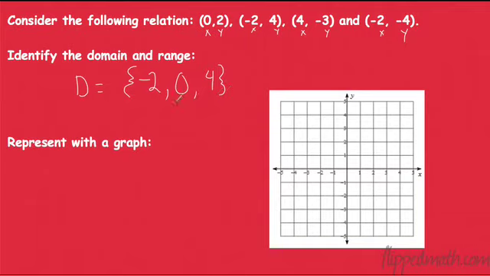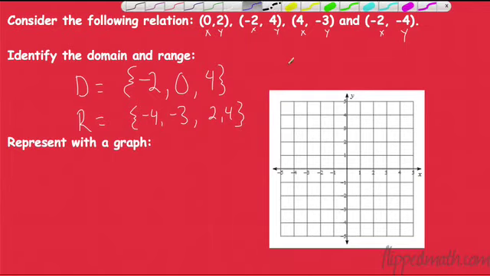So my domain would be -2, 0, and 4. Let's take a look at our range. What would our range be? Let's see, we have 2, 4, -4 is the lowest, then -3, and 2, and 4. All right, so that is our domain and our range.